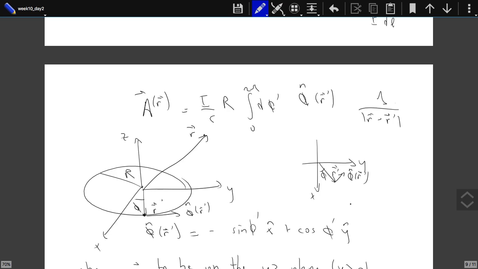The r prime vector is cosine phi in the x hat plus sine phi in the y hat. And now r hat prime and phi hat prime, their scalar product should be 0. So it's minus sine phi prime plus cosine phi prime. I'm sure about that.